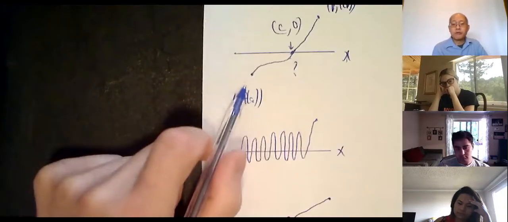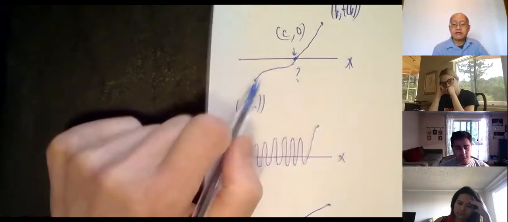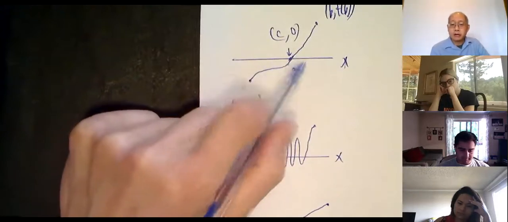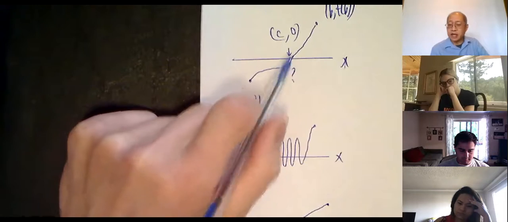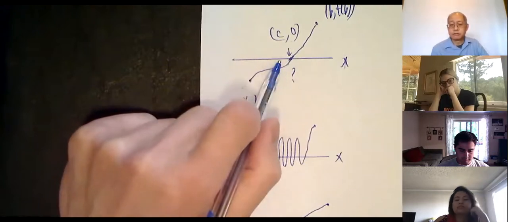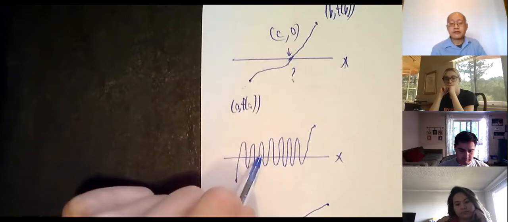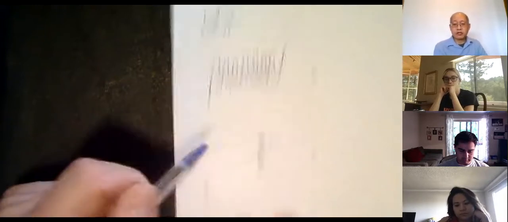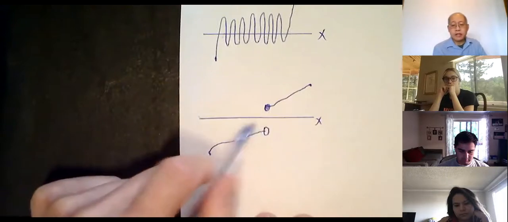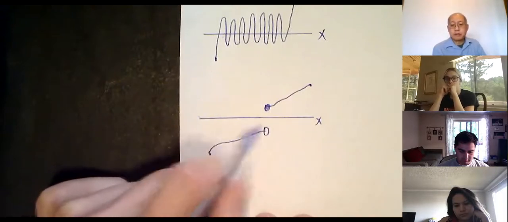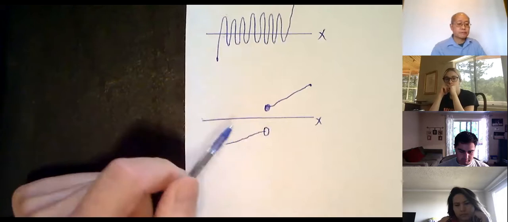Okay, but if one point is positive, one point is negative, and continuous, then you have to touch the x-axis at least once. That means y is equal to 0. It can happen a whole bunch of times. But if it's continuous, it has to happen at least once. If it's discontinuous, then no. It's possible not to touch the x-axis.